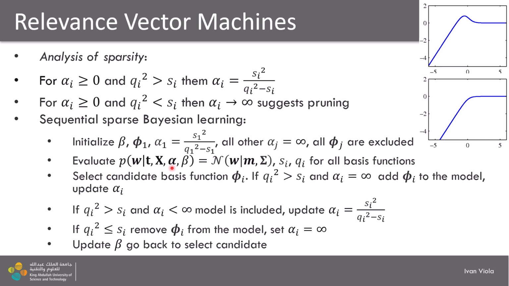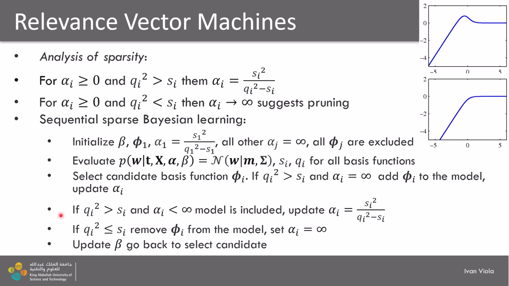And so we will evaluate our posterior probability for the weights, and then out of that the Si and Qi for all basis functions, and then we will select some candidate basis function, and if for that the Qi squared is bigger than Si and the alpha I is infinity because we set it in the beginning, then we add this to the model, one which is particularly suitable.